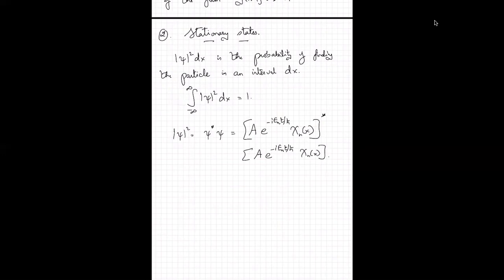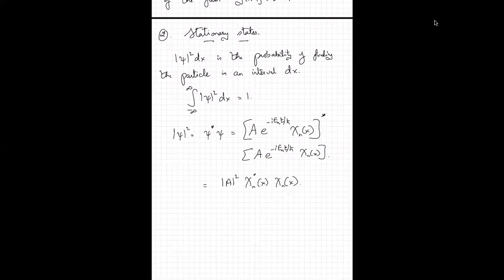Okay. So this is equal to e to the plus i E_n t over h bar times e to the minus i E_n t over h bar, which simply becomes equal to 1. And this is simply chi_n star of x chi_n of x. And this is indeed time independent.